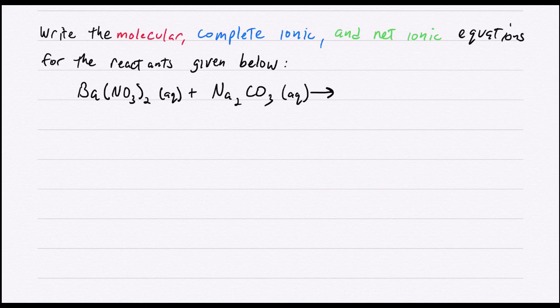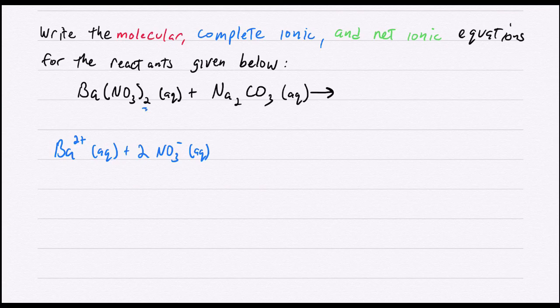And so we know that barium nitrate is aqueous, and so what that's really going to break up into is a barium ion, that's going to be aqueous, and 2 nitrate ions. And it's going to break up into 2 nitrate ions because we've got 2 nitrate ions here.